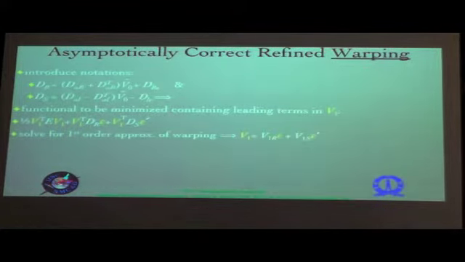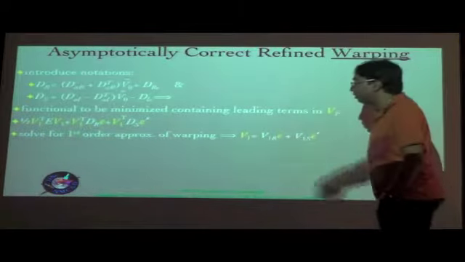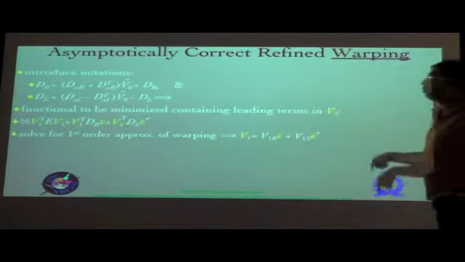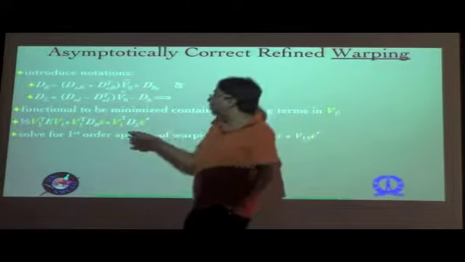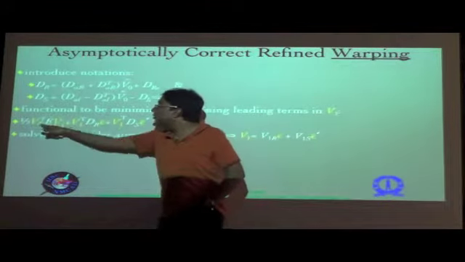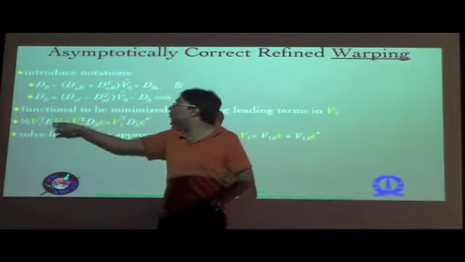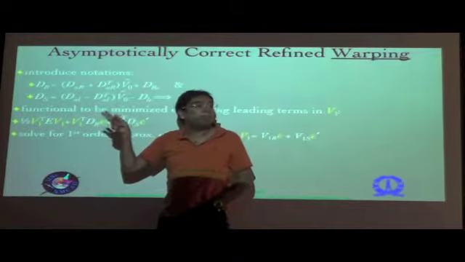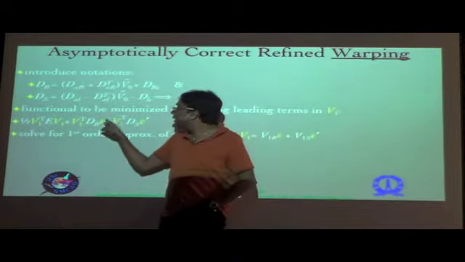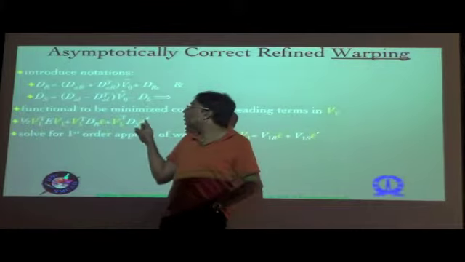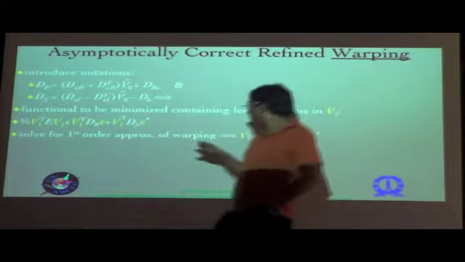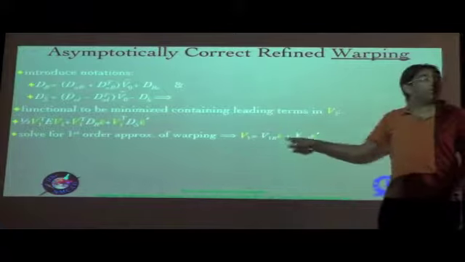Now we solve for the first order approximation of the warping, and we would find that unlike in the previous case where apart from v0 there was only epsilon bar, and therefore v0 turned out to be linear in epsilon bar, here it depends on both epsilon bar and epsilon bar prime, and therefore we would have a solution like this.